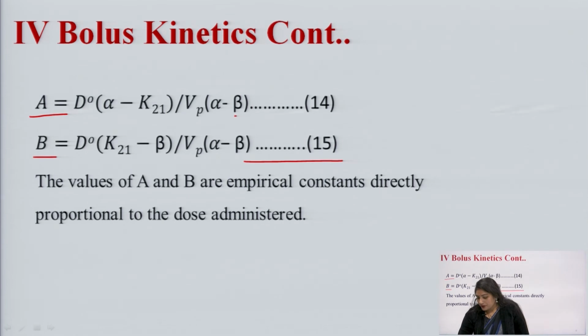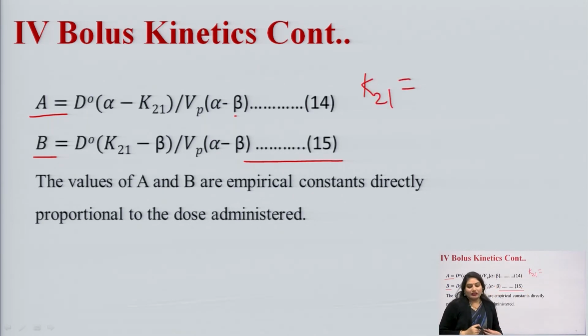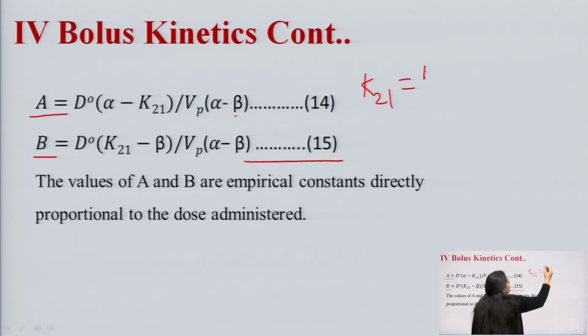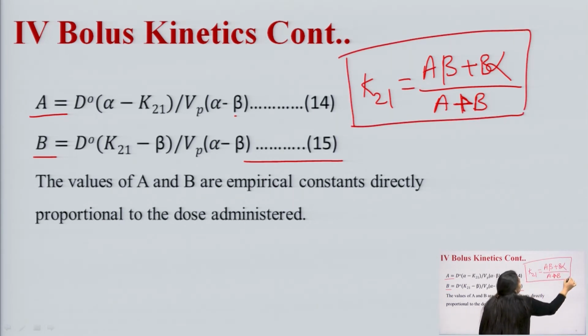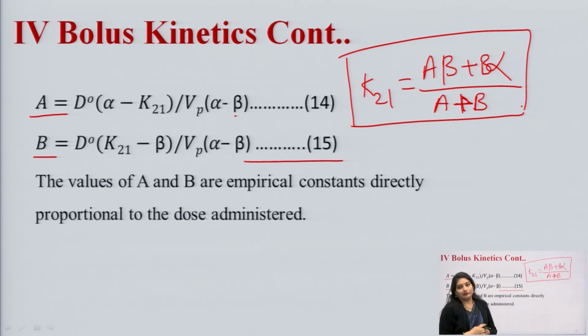Now, if we want to calculate the values of K21 and K12, then the formula for calculation of K21 is K21 is equal to (A beta plus B alpha) upon (A plus B). This is the formula for the calculation of constant K21.